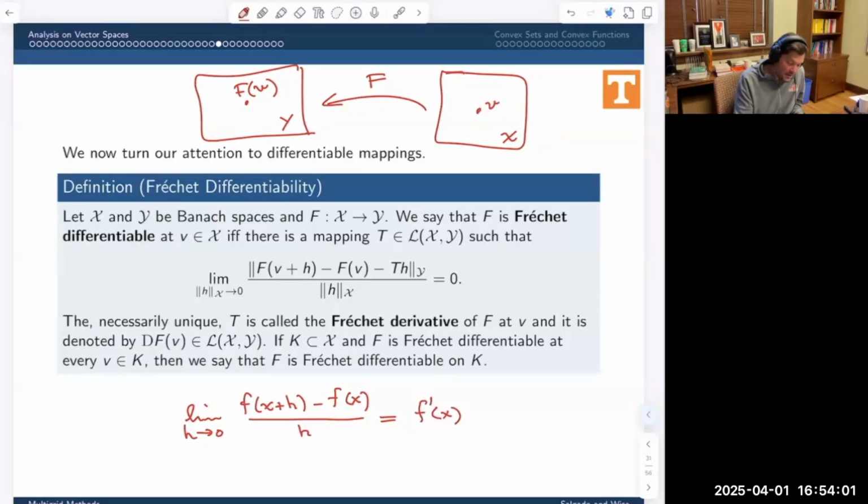Well, now we're not going to call that f prime, we're going to call it t. We can call the derivative whatever we want, okay?